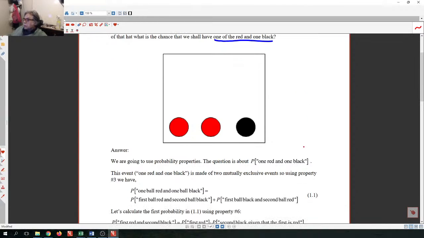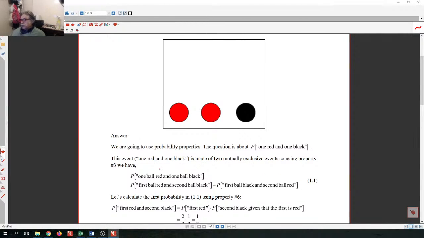Okay, so I'm asking a question, 1 red and 1 black, what is the chance? You can split this into 2 events. This is a single event, 1 red and 1 black at the end, right? You can split it into 2 events. One would be first ball is red and the second ball is black.